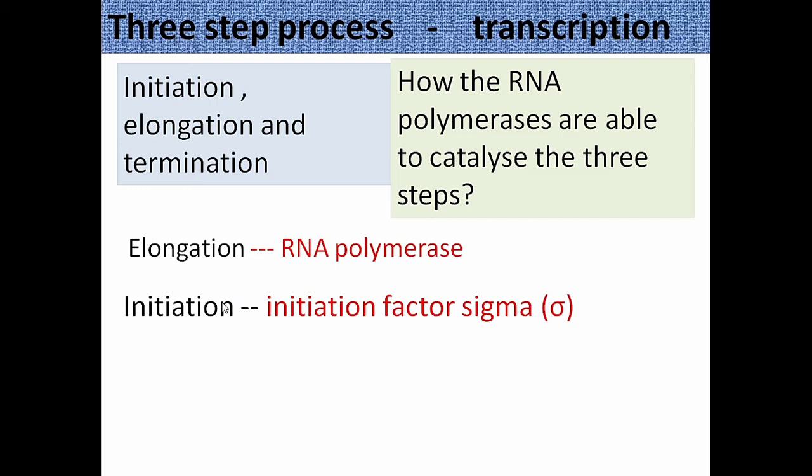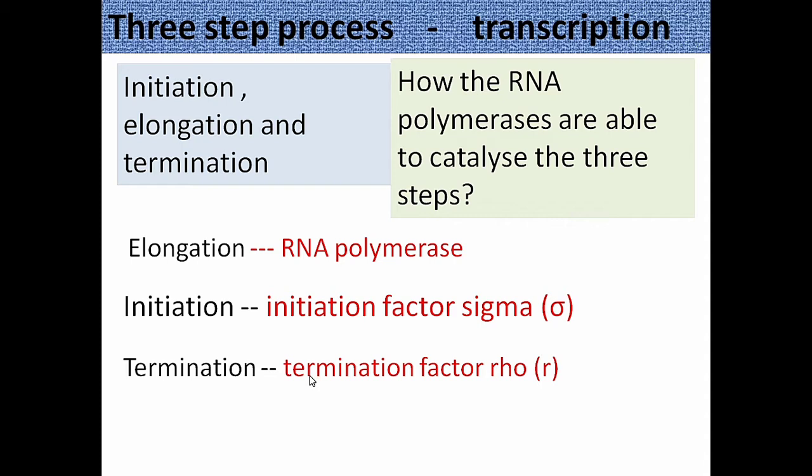For the purpose of initiation, it combines with sigma factor, a temporary association. RNA polymerase also has a temporary association with the termination factor, rho factor. Because of this temporary association, the RNA polymerase is able to control the termination.